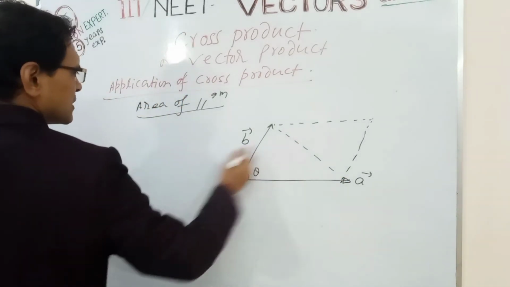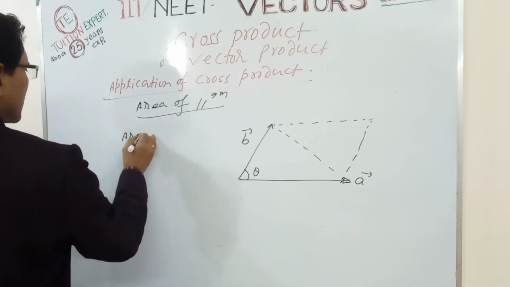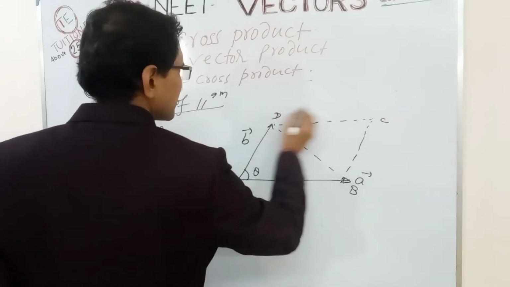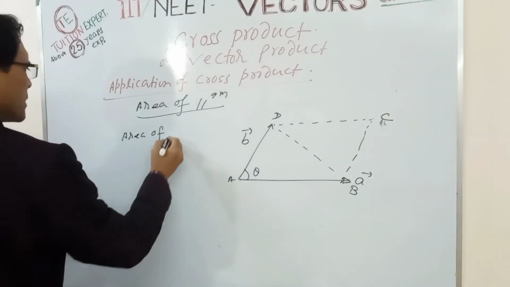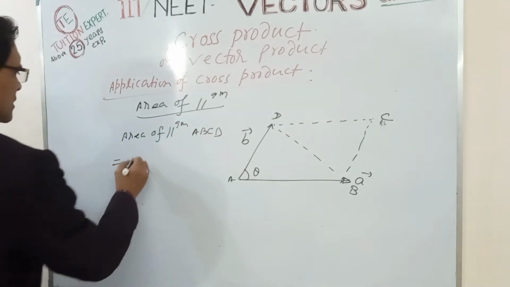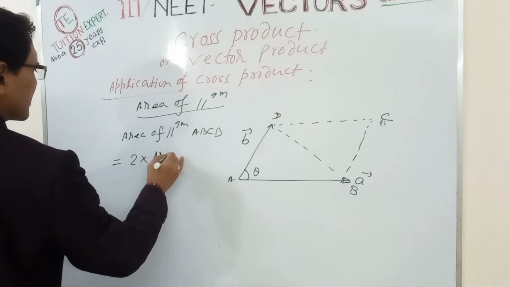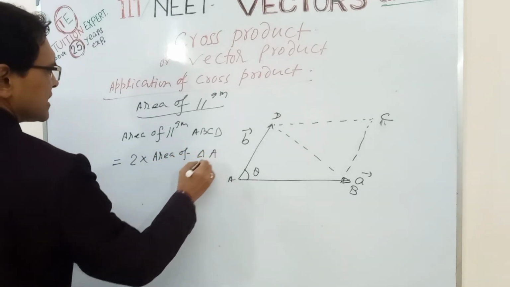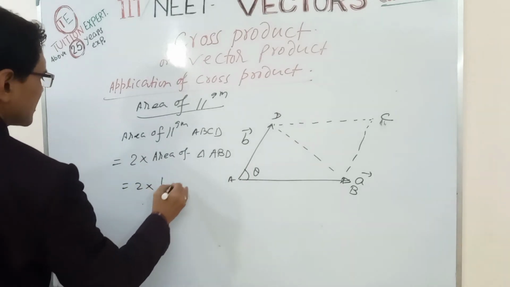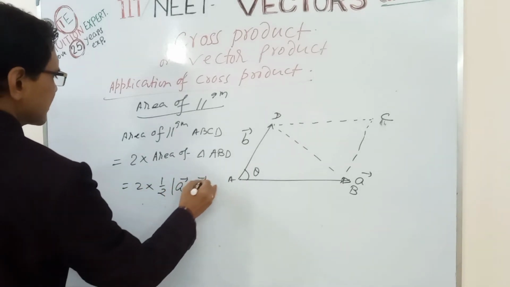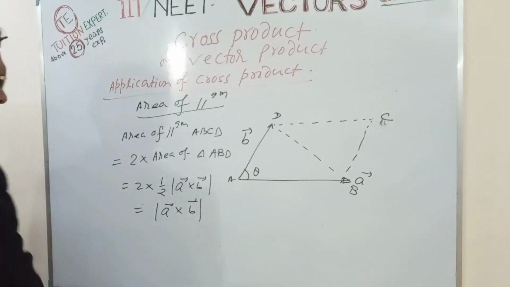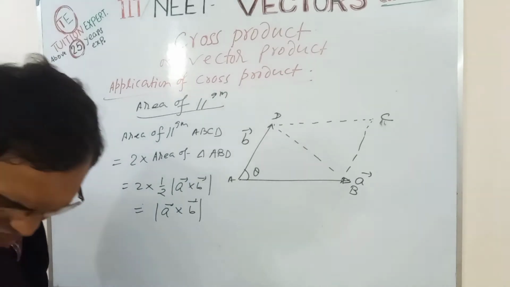Now we know the area of parallelogram ABCD equals 2 of area of triangle ABD, that is 2 into half a cross b, that is a cross b. So area of parallelogram is a cross b.